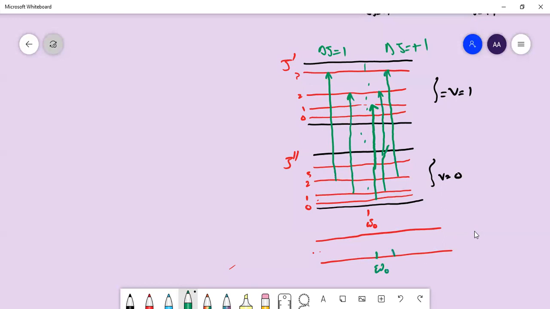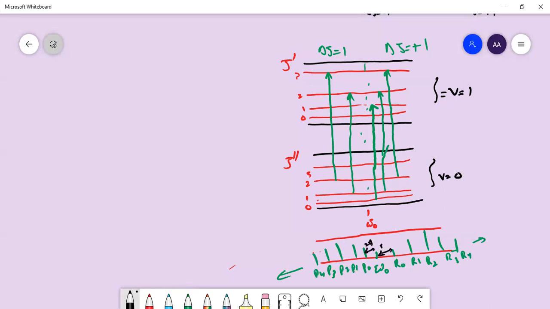So in the spectrum, here is your band origin, that is omega naught, and on the right side we can draw R0, R1, R2, R3, R4, and so on. On the left side, you have P0, then we have P1, P2, P3, P4, and so on. So this side you will get the P branches, on the right side you will get the R branches, and the gap between the respective lines is 2B.